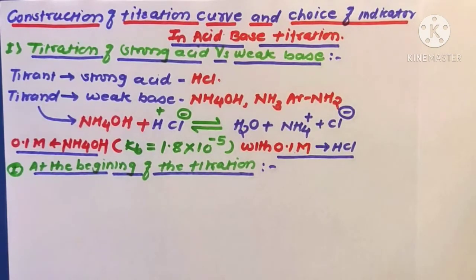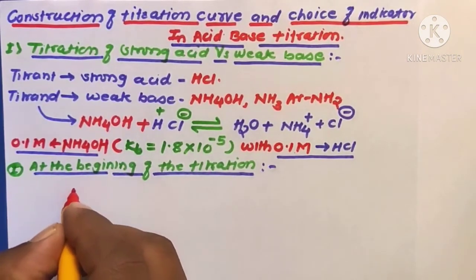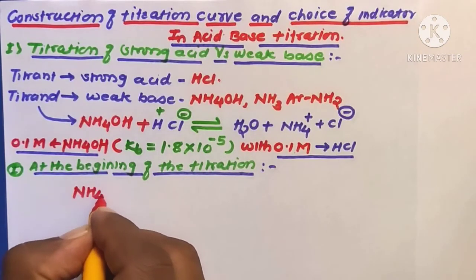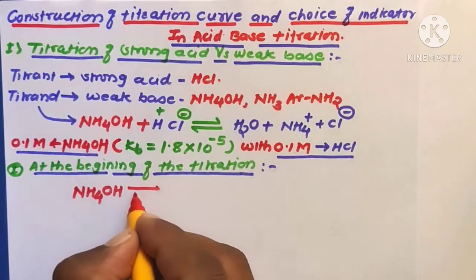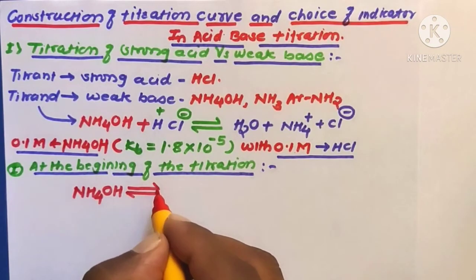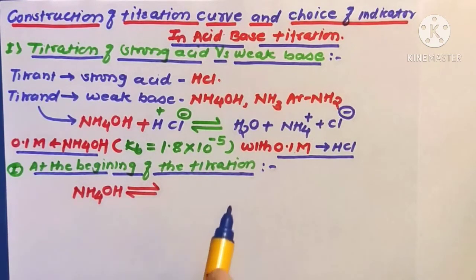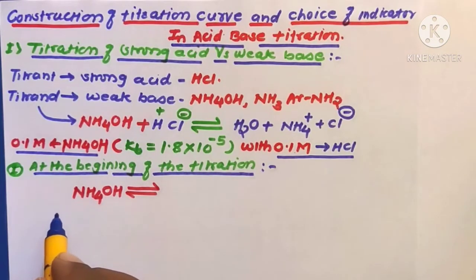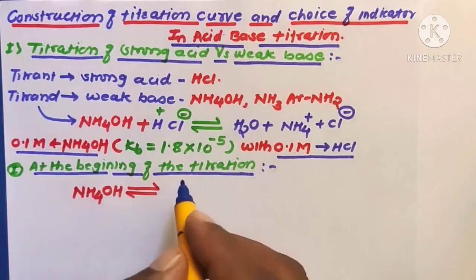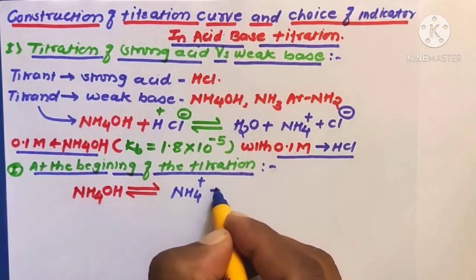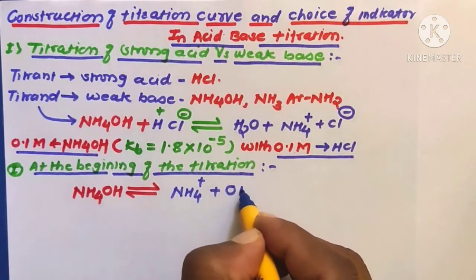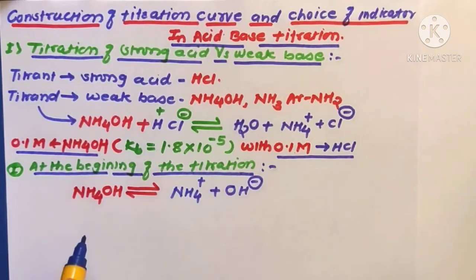Now here the reaction: NH4OH is only present at the beginning. Therefore, the dissociation of NH4OH will give NH4 plus ions plus OH minus ions.